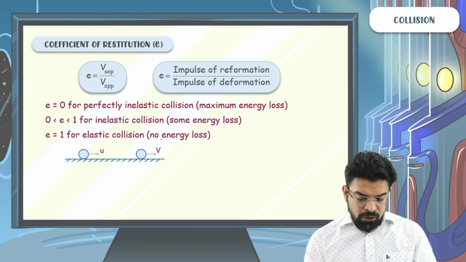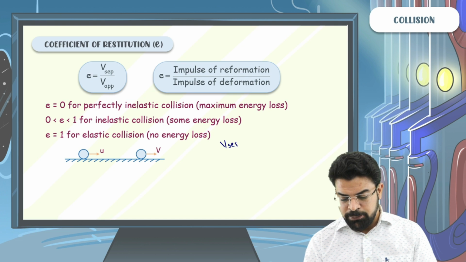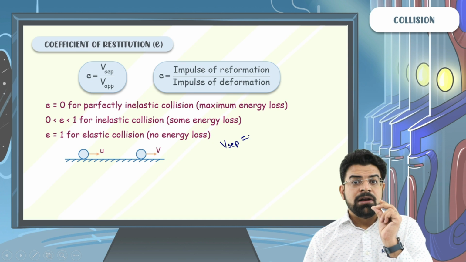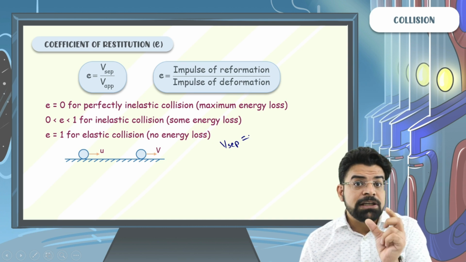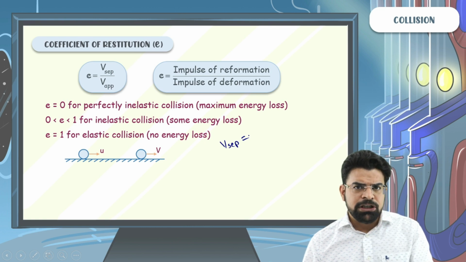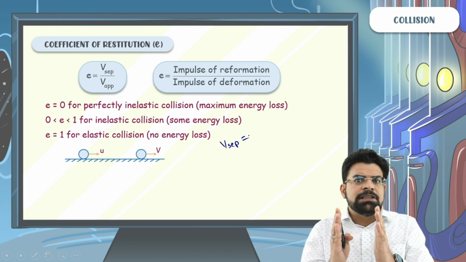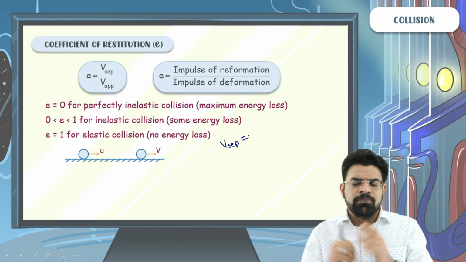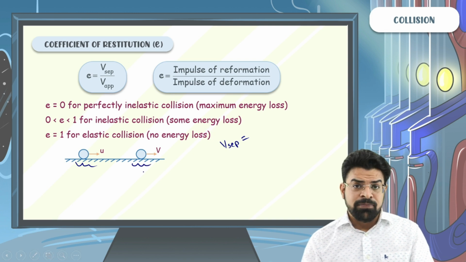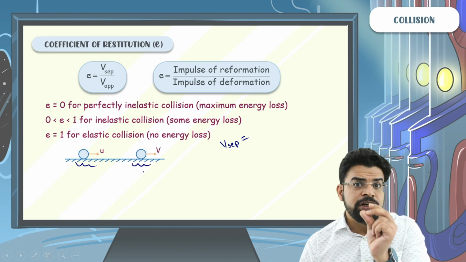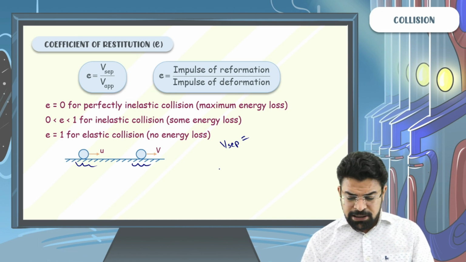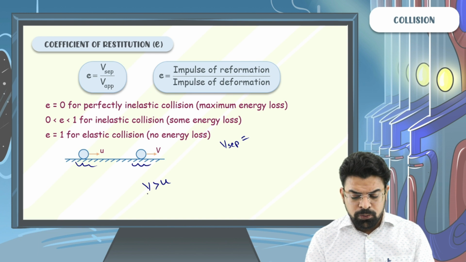So you will say, if you ask me what is the velocity of separation, you are asking me the rate of increase of separation after the collision, right? If the separation between these two bodies is increasing, what has to be the correlation between u and v? So sir, v has to be greater than u.